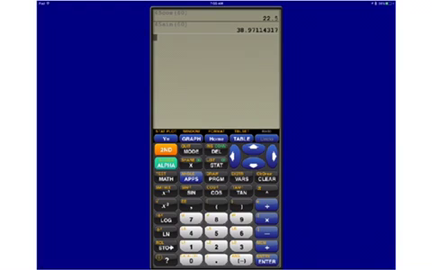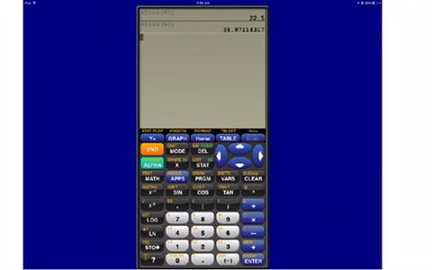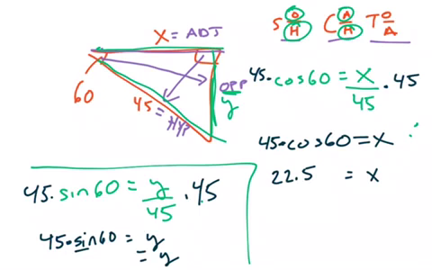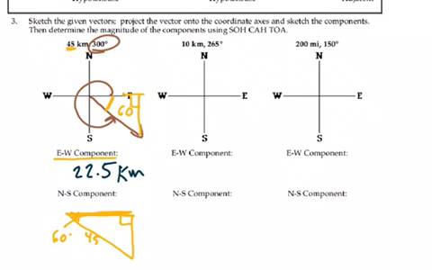So we see here that 45 times sine 60 is 38.97. So this tells me that the y, right here, let's erase all this, the y, which is the north and south, is 38.97 kilometers.